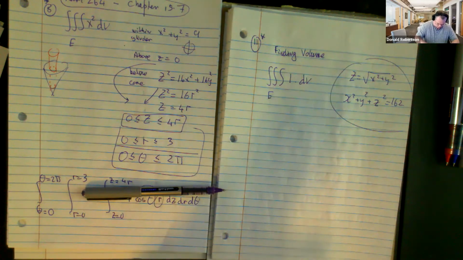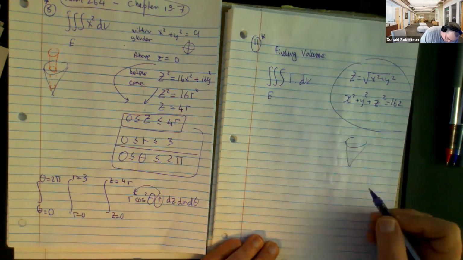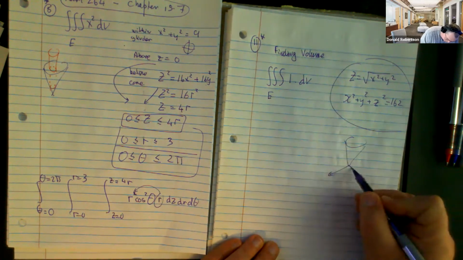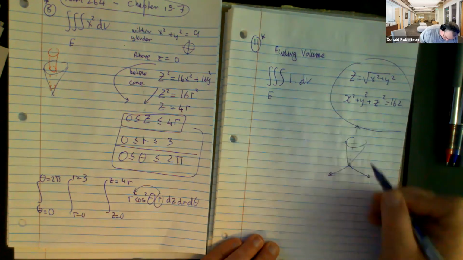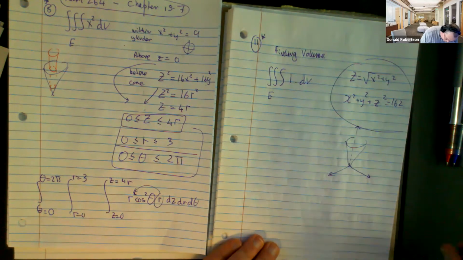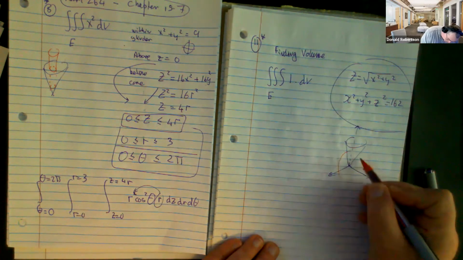So you've got a cone pointing up, and it's going to meet at the origin. And then you've got a sphere, which is going to interact with that cone, something like that.